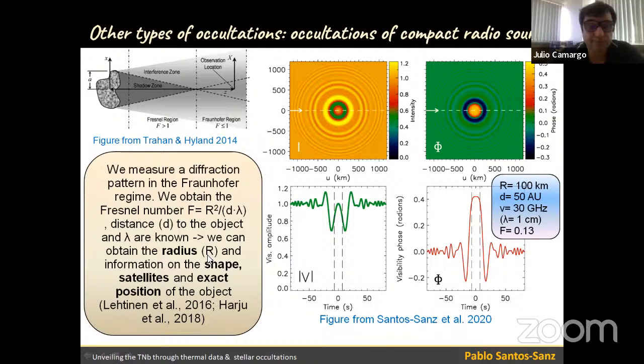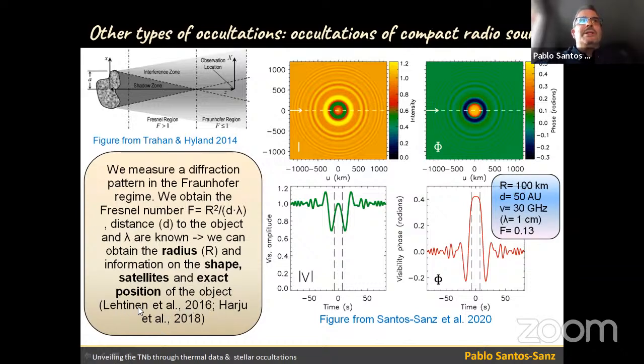So this is nice. And also, well, I don't know exactly how, but I know that people expert in radio can obtain from these patterns also the shape and the presence of satellites, and of course the exact position of the object. This has been done for only two asteroids, at least this is what I know.